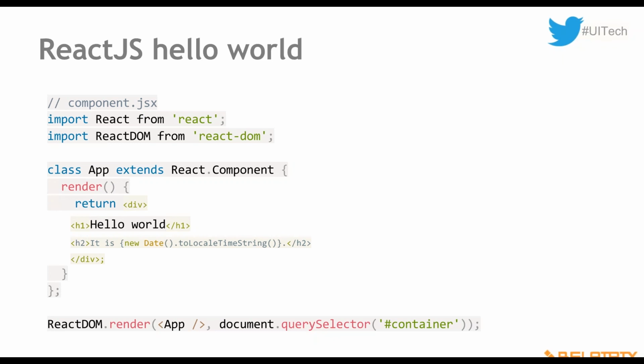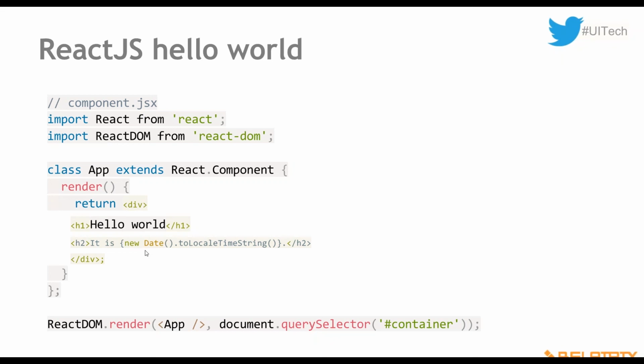This render method will return, in this case, JSX. That is a syntactic feature that the team developed that will be transpiled to JavaScript that will create these elements in the document, and this is how we bind data to the component.